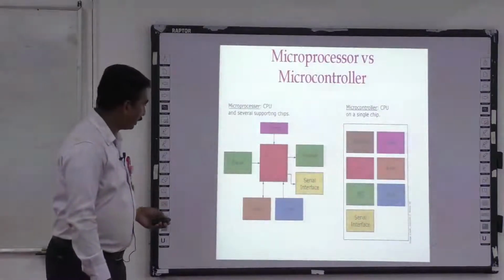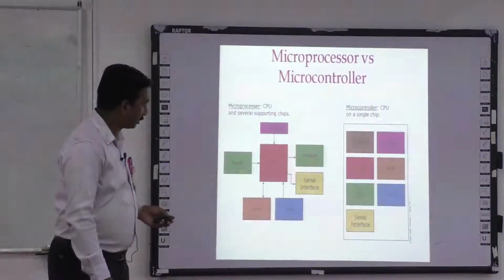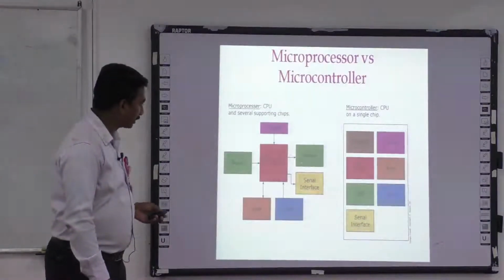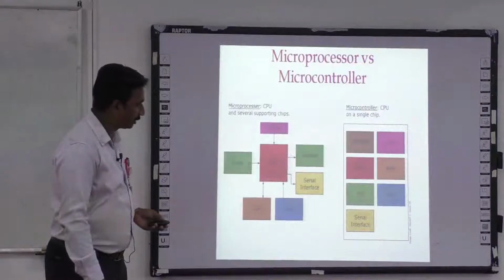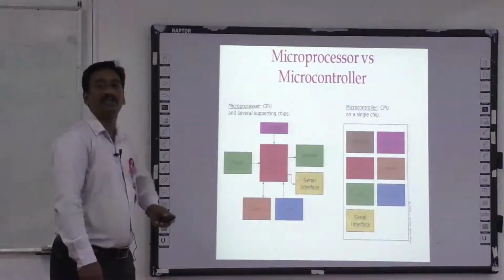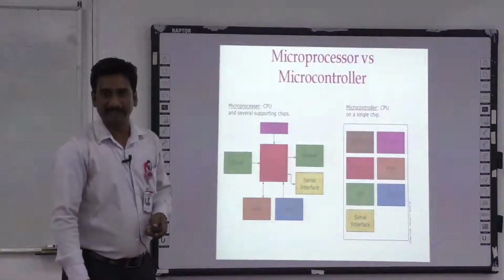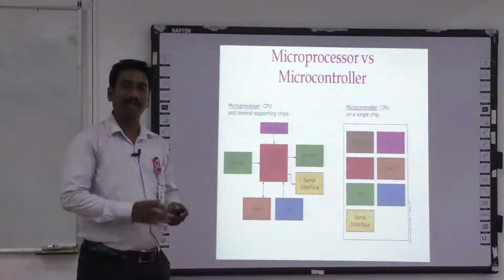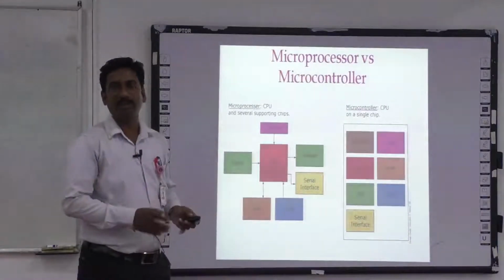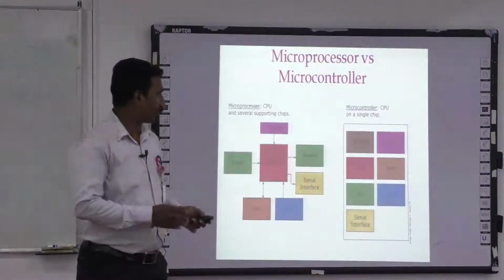Here we can see the serial interface is given, and here also the serial interface is connected. Input output is connected, and the same CPU is connected. What is the difference here? The difference is the memory, and we can have more input output lines, input output pins, in the microprocessor, whereas in the microcontroller it is not available.